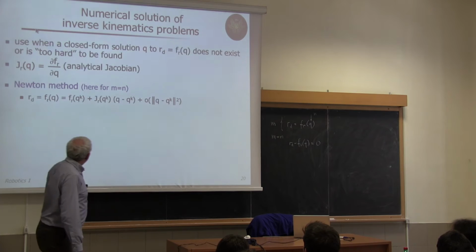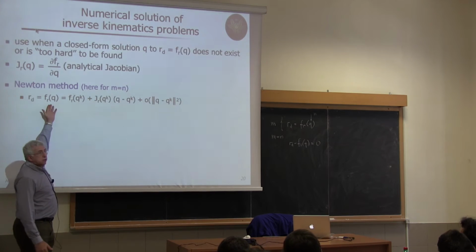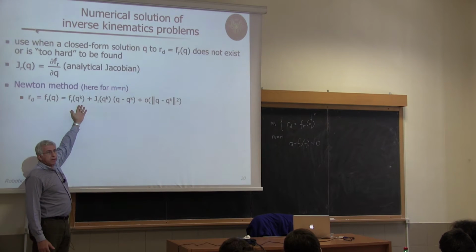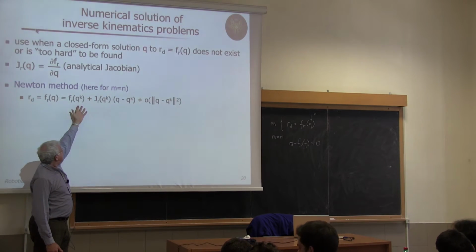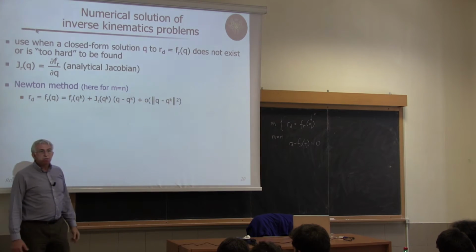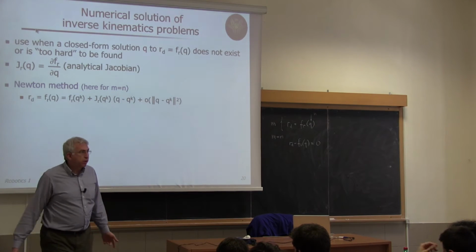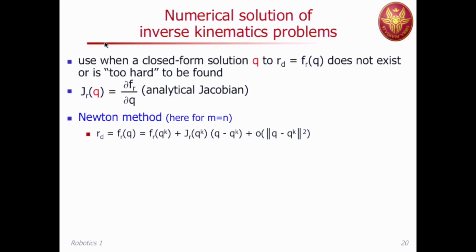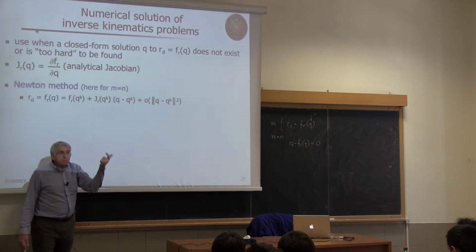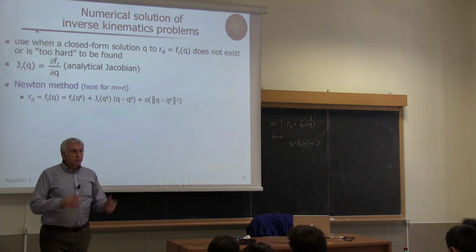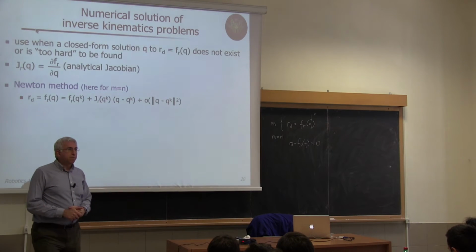So we expand this nonlinear function with a starting point q^k. We evaluate the function at q^k, and then we take the partial derivative of the function with respect to the variable q, which is the Jacobian, and we evaluate the Jacobian at the current point of expansion, so in q^k, multiplied by the first variation, q minus q^k.